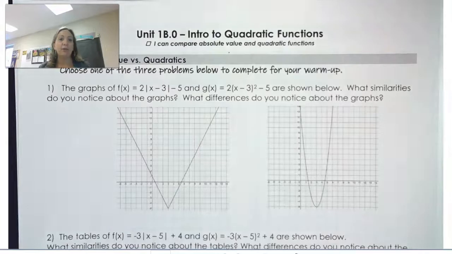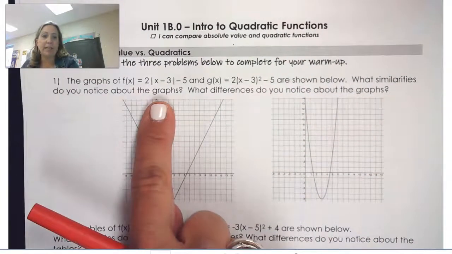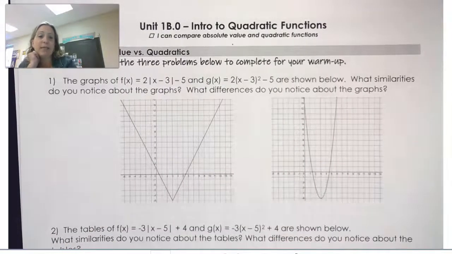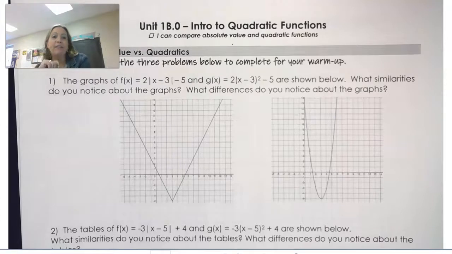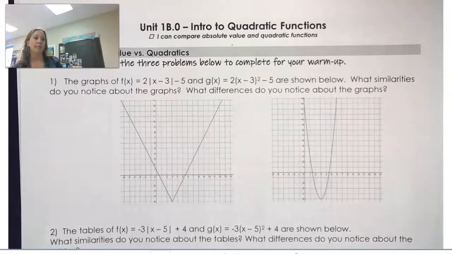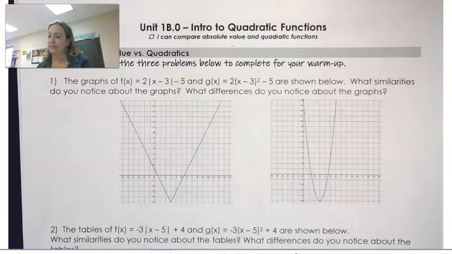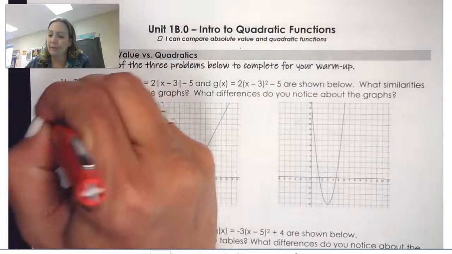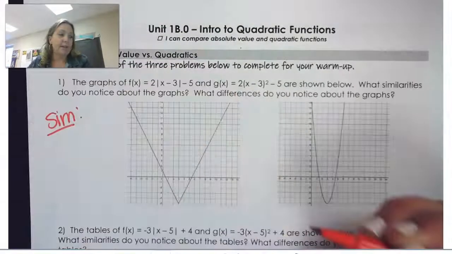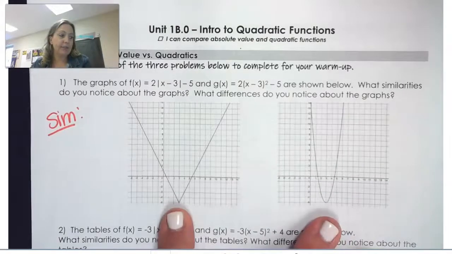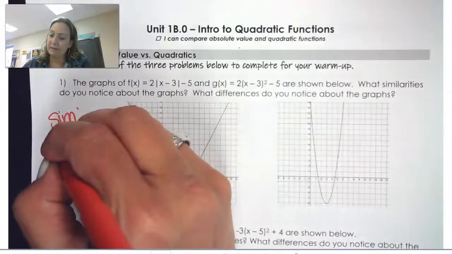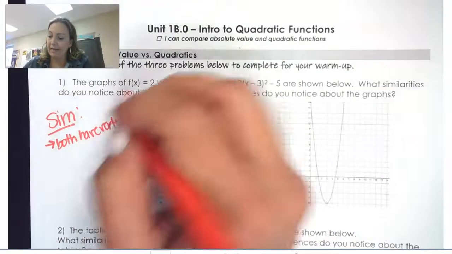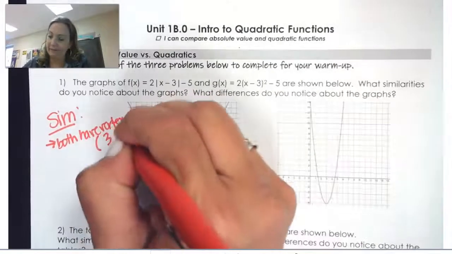It says, here are graphs of f of x equals 2 times the absolute value of x minus 3 minus 5, and g of x equals 2 times the quantity x minus 3 squared minus 5. Those graphs are shown below. What similarities do you notice? And what differences do you notice? So when students choose this problem, a couple things that they find are similar is they both have the same vertex, at 3, negative 5.